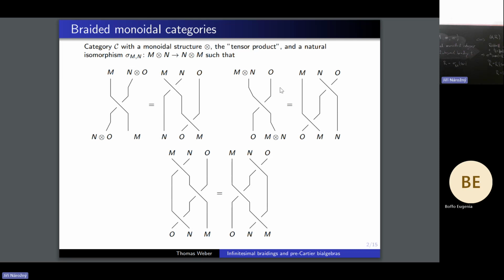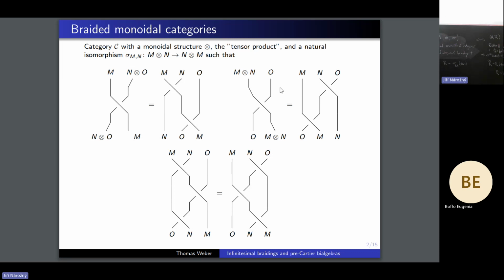And a braiding is then this crossing over. It's some linear map from N tensor N into N tensor N. So it tells you how to flip two of your objects. And the properties it has to satisfy are shown here.